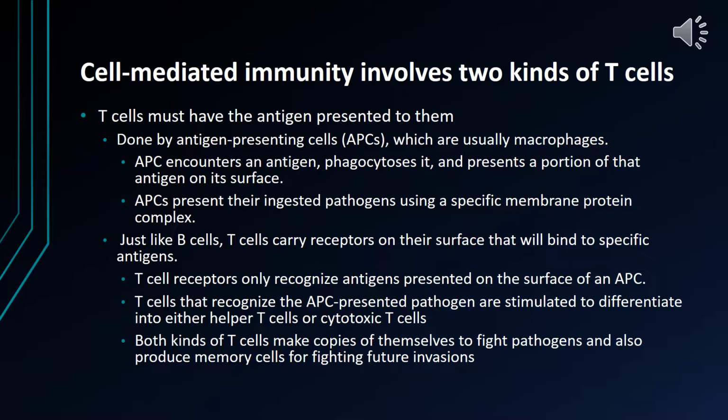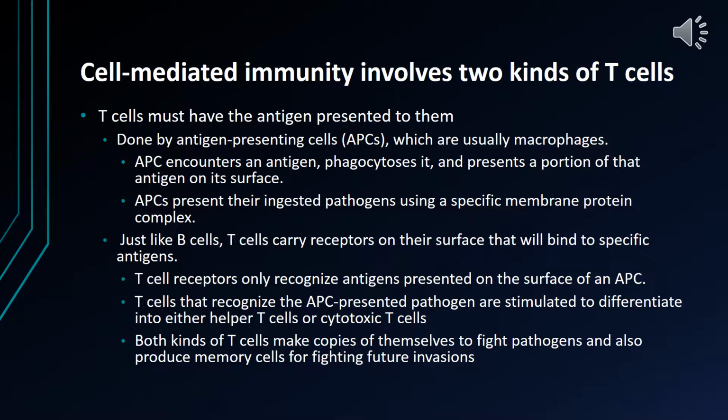However, just like B cells, T cells carry receptors on their surfaces that will bind to specific portions of an antigen. The T cell receptors only recognize antigens presented on the surface of an APC.